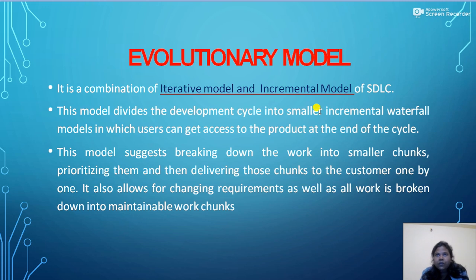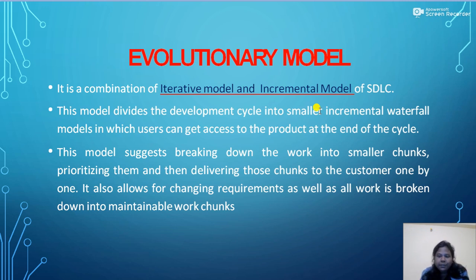Suppose we don't design the whole product in one go. We divide the complete product into small modules, then we focus on developing the individual module first, then we deliver that module to the customer.